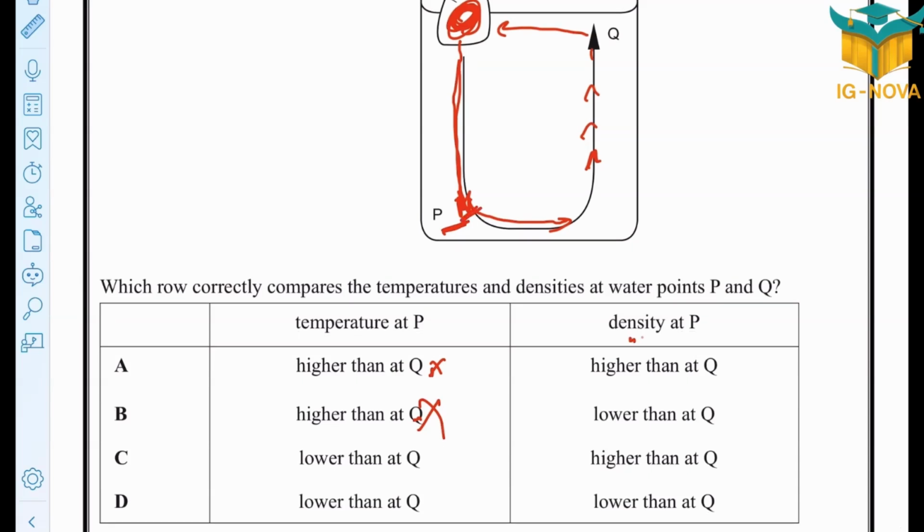So density at P is higher than Q, and temperature is lower than Q. This is the circulation here. The cooling water comes from here, so this is colder and higher density. So I'm going to go for C.